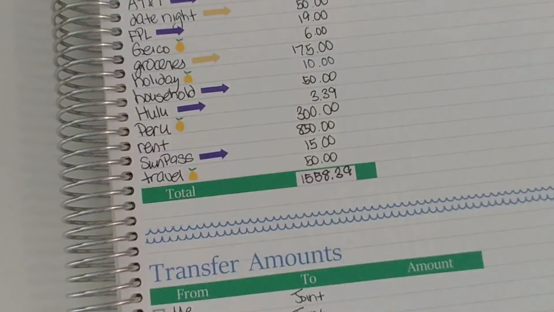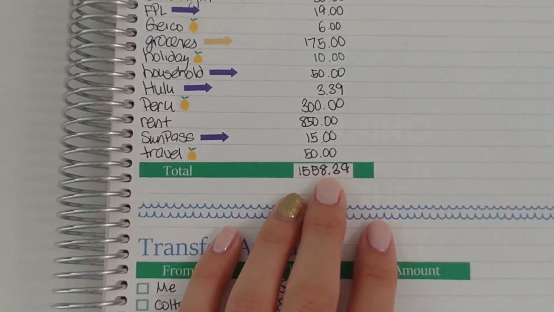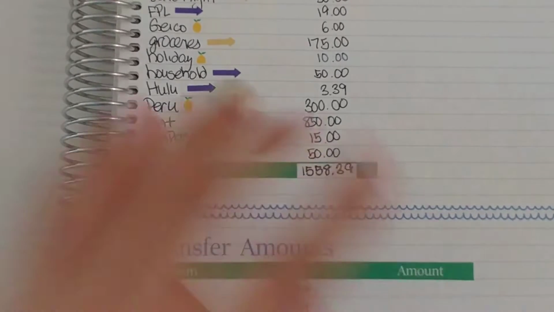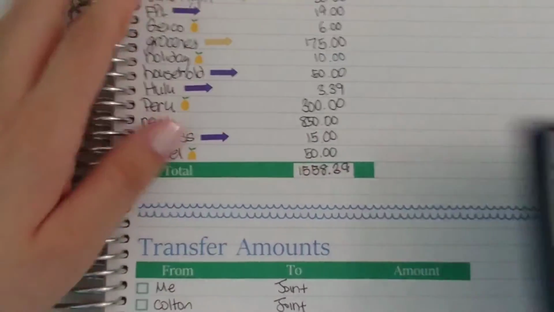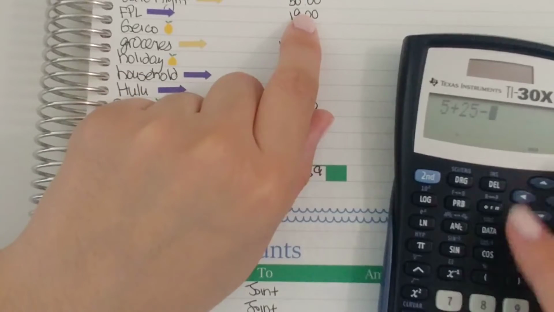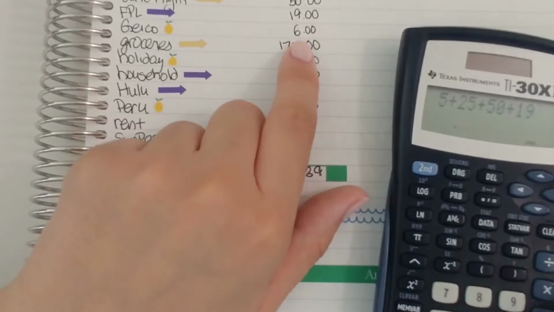And just let me see if this actually adds up to what I had on my computer, because that's what I reference. If you've seen my previous, oh, that is not anywhere near. If you watched one of my previous videos, I don't know if it's the one right before this or not, I don't think it will be, but I posted how I prep my budget, and that's what I'm referencing right now, that spreadsheet that I talked about.